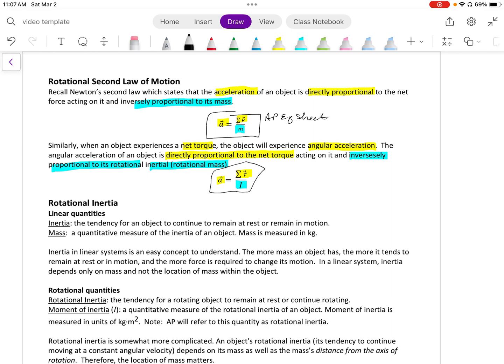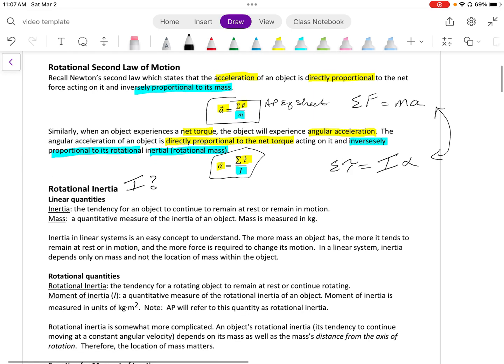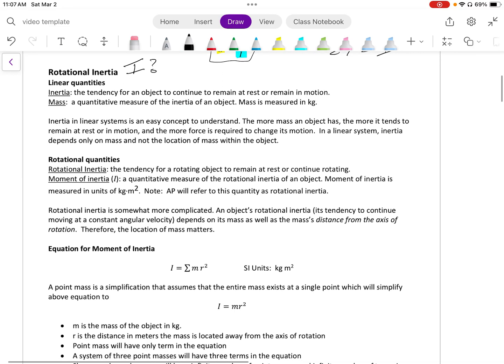But you are very much familiar with seeing it as the sum of all the forces, which is the net force is equal to mass times acceleration, and sum of all the torques is equal to the rotational inertia, think of it as rotational mass, times its angular acceleration. So you should be able to see the similarities between Newton's second law applied to linear motion and applied to rotational motion.